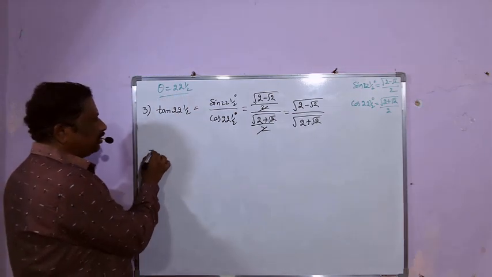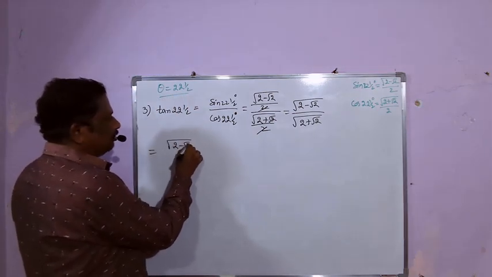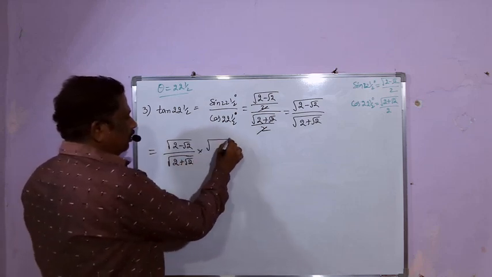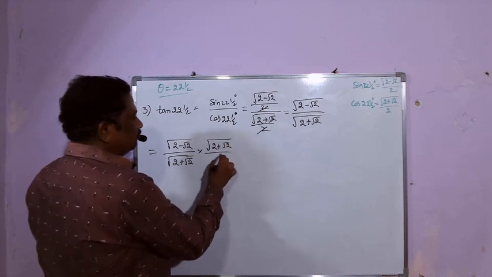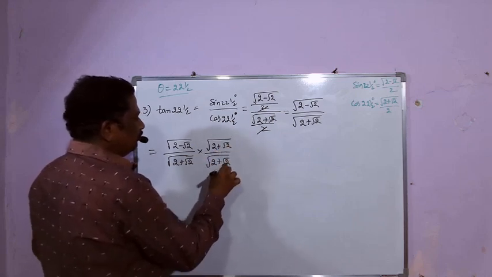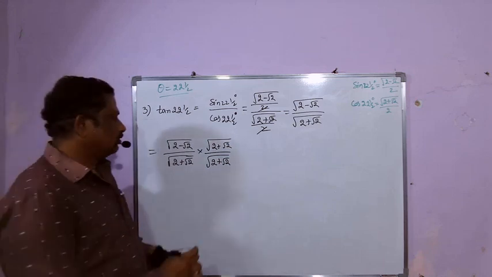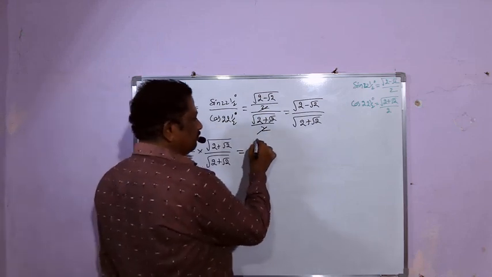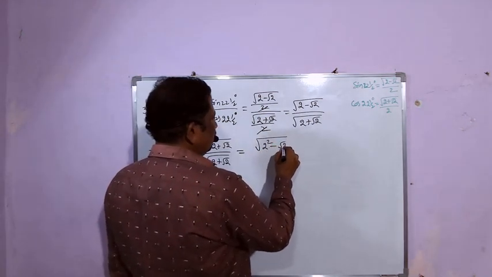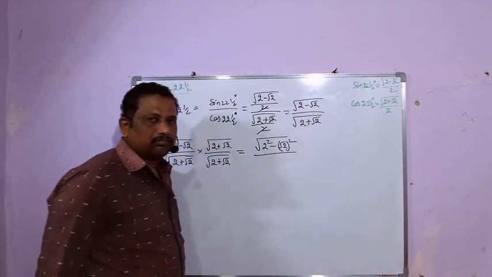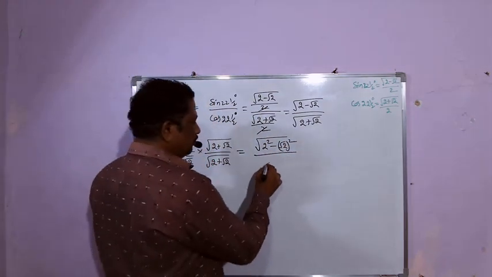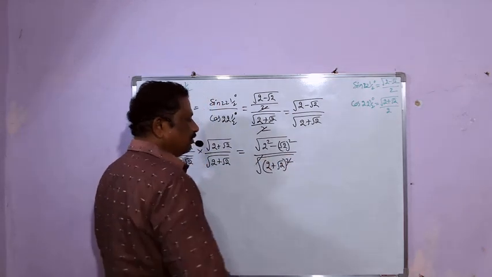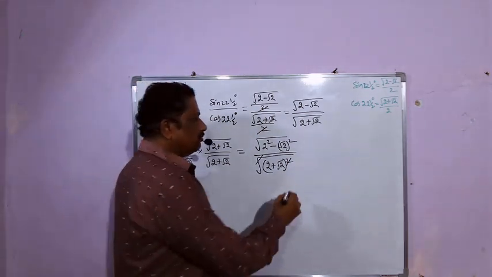So in the numerator and denominator I am going to multiply with root of 2 plus root 2, which cancels the root for this one. So that will give, under the root, a plus b into a minus b, which becomes a square minus b square, divided by the whole square root of 2 plus root 2 squared. The square root gets cancelled.